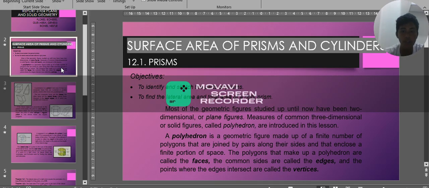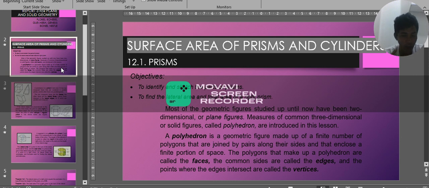This time we will be talking about polyhedrons or solid figures, because measures of common three-dimensional or solid figures called polyhedrons are introduced in this lesson. By definition, a polyhedron is a geometric figure made up of a finite number of polygons that are joined in pairs along their sides and that enclose a finite portion of space.